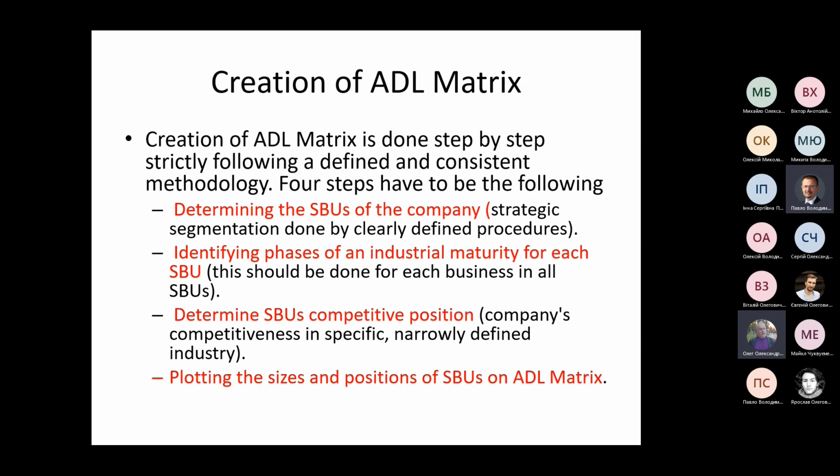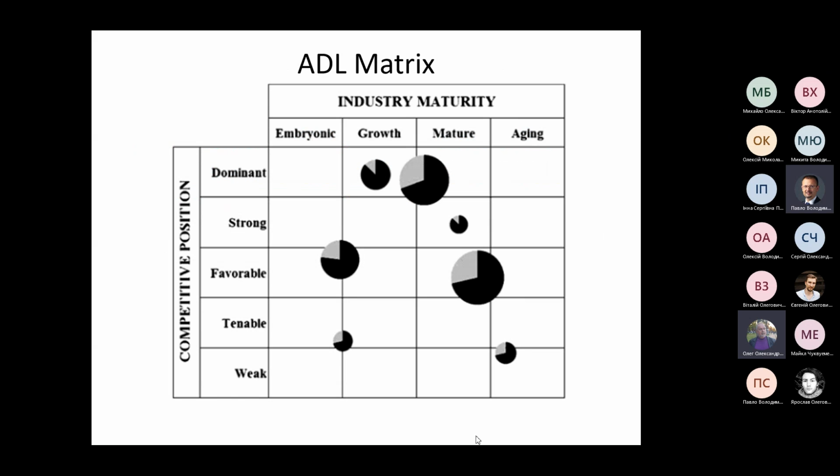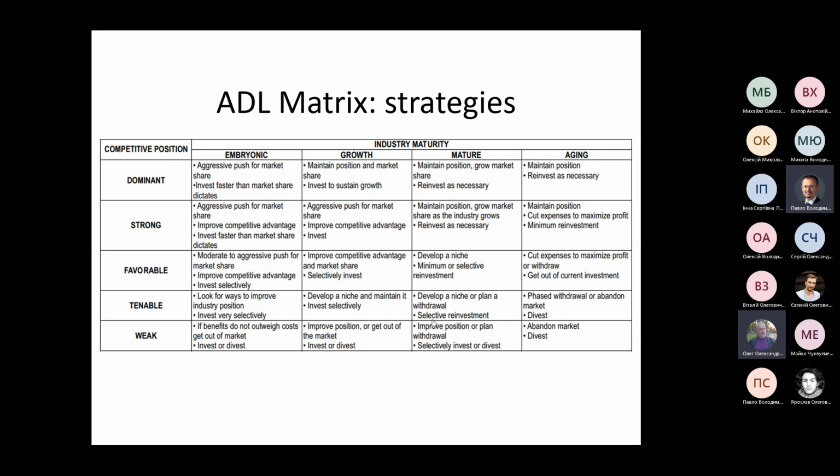And then you have to draw the circles with segments, and here you are completely using the approach which is coming from the General Electric matrix. When you create the matrix, you will see something like this, and generally the Arthur D. Little company provides a strategy for every box.